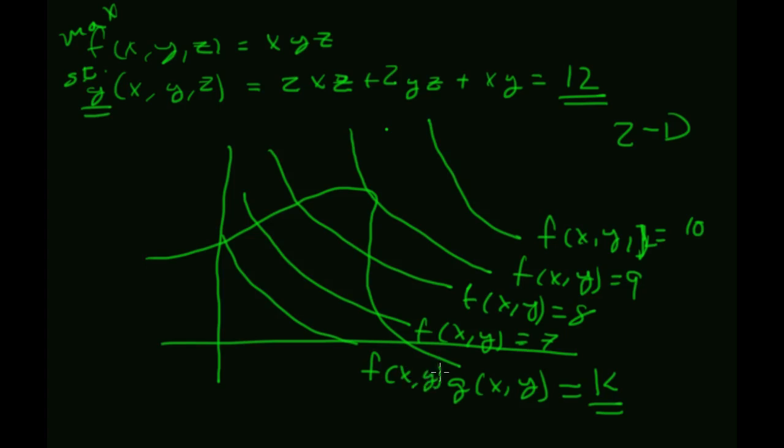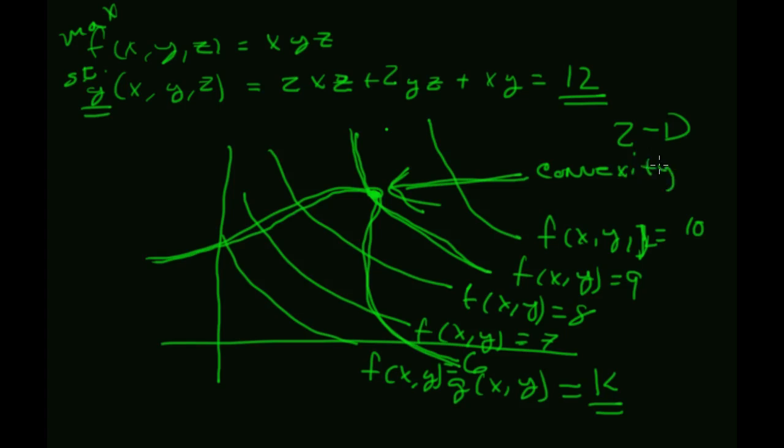So what Lagrange notices is that there's a point here where this level curve is actually going to be tangent to the constraint. And this is caused by what is known as convexity. At some point we're going to have a discussion in linear algebra about why we need convexity to have an optimization problem, but the fact that the constraint is convex is going to cause that sense of being tangent.